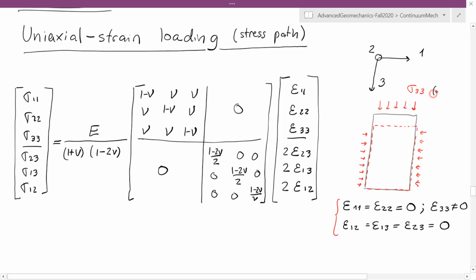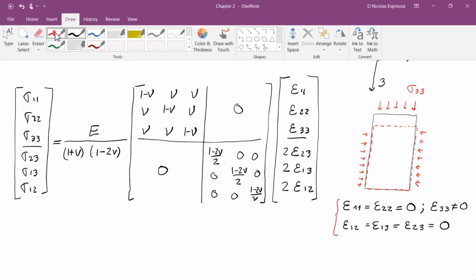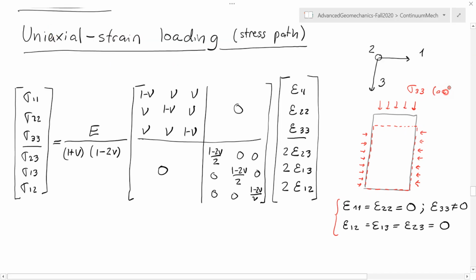We may think of this stress as an action, and as a result, we're going to have a response or a reaction which is going to be a horizontal stress, because in this case we're going to impose that there is no deformation to the sides.